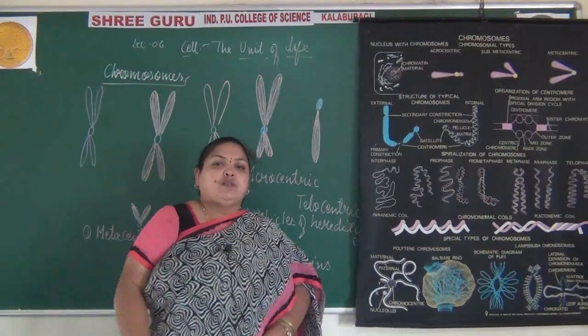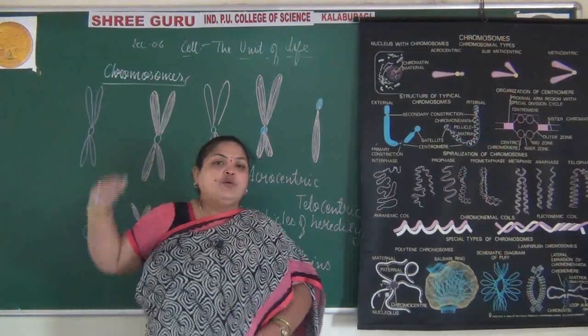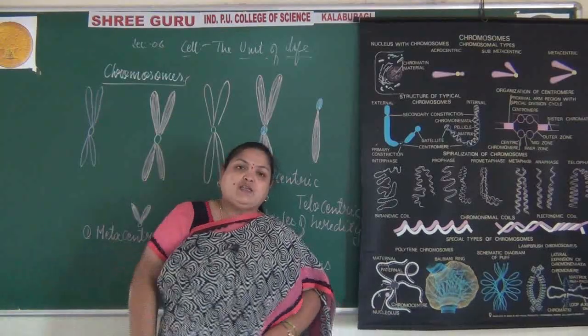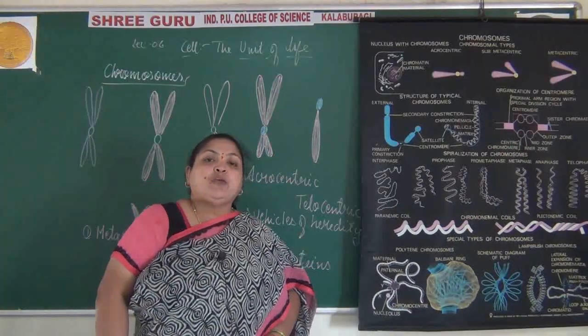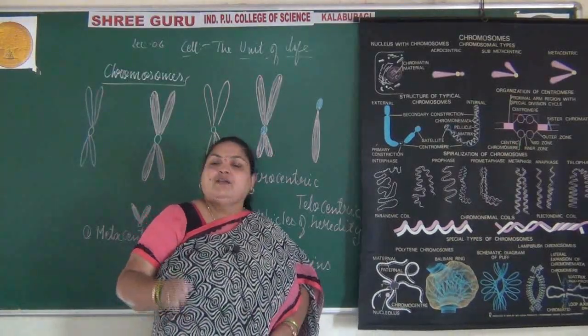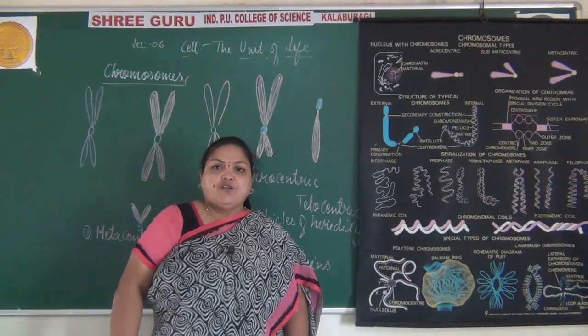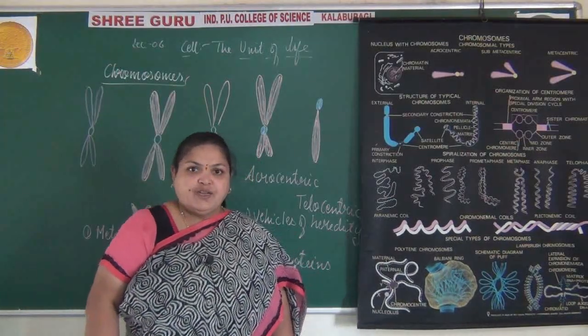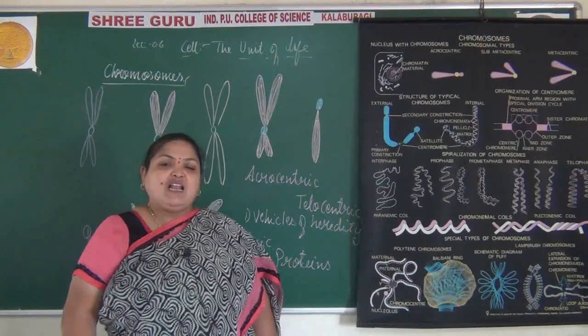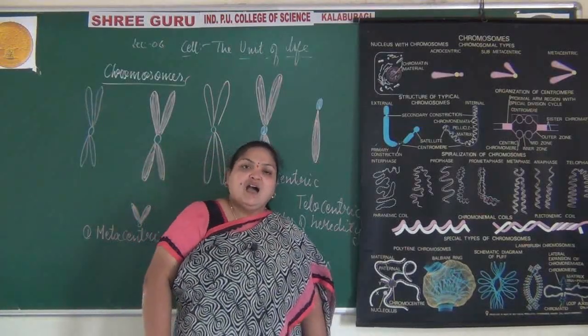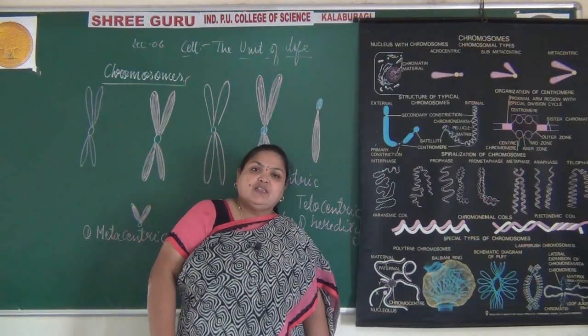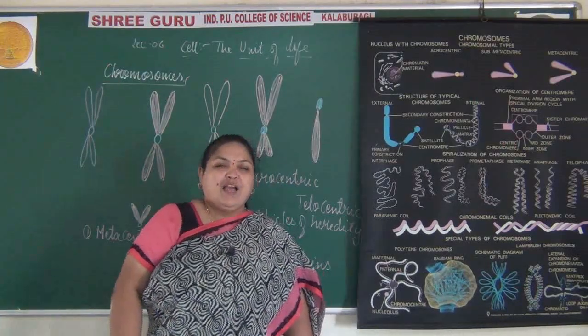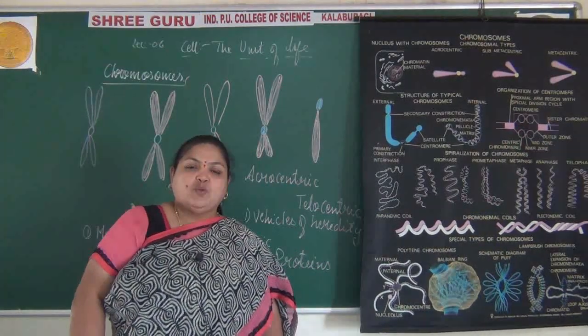You are clear about the prokaryotic cells. Now eukaryotic cells, you are all studying the organelles. So you will clearly understand the differences between the prokaryotic cells and the eukaryotic cells. So in the next class, we will be dealing with the other cell organelles and with the last conclusion of the plant cell and the animal cell with the diagram.